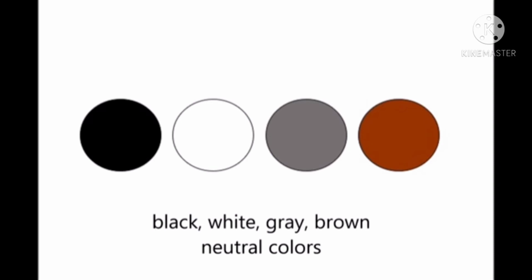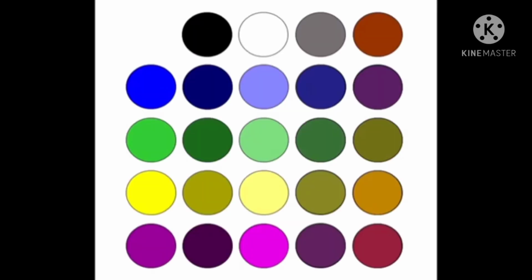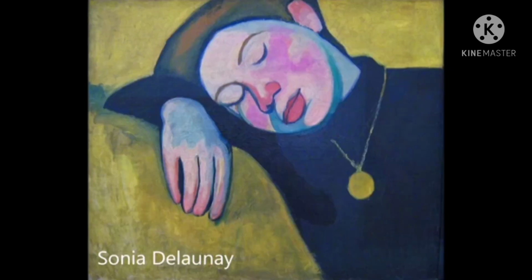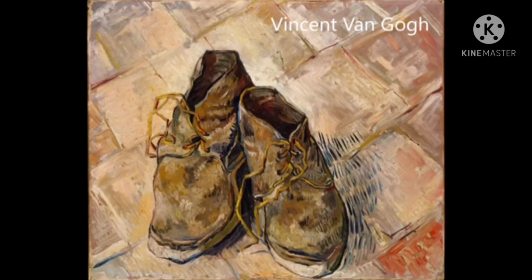If you mix equal amounts of 2 complements such as red and green, you will create a neutral color. Neutral colors are black, white, gray, and brown. They are not found on the color wheel, but they are essential to color mixing because they allow us to create new colors within the color scheme.